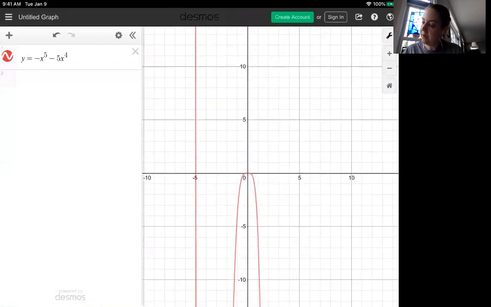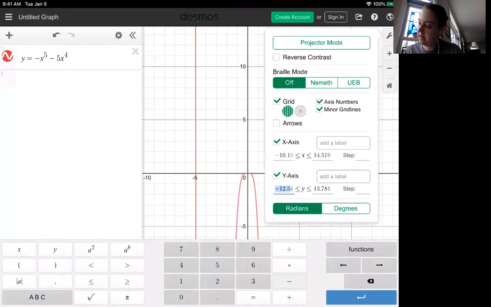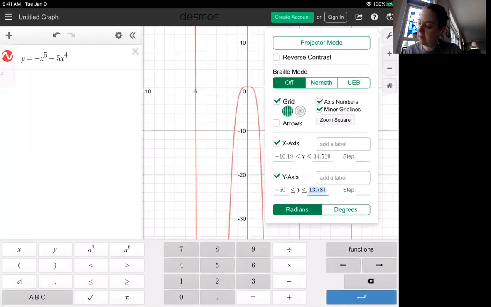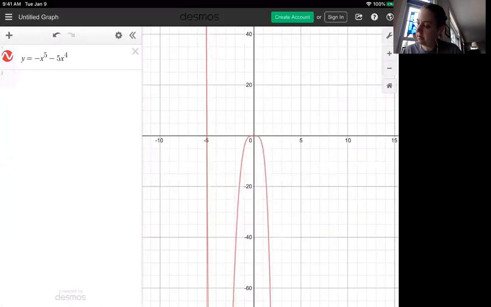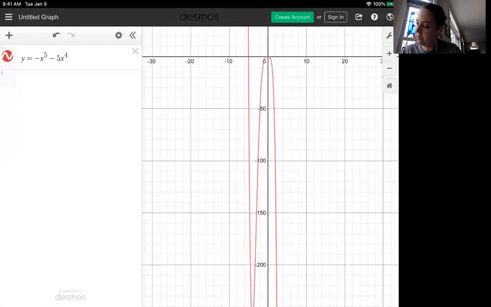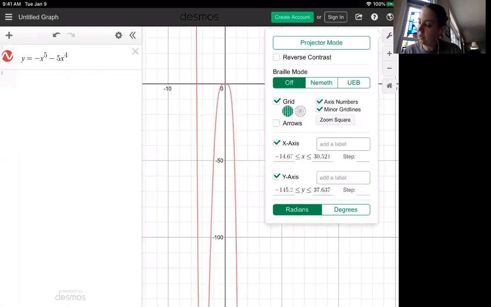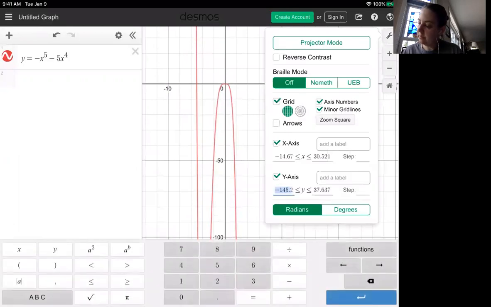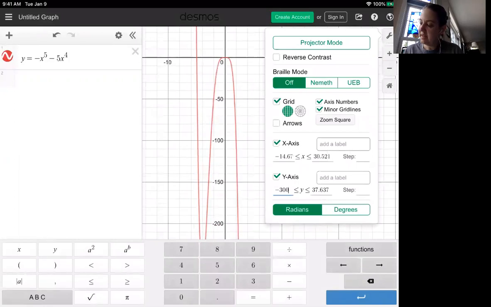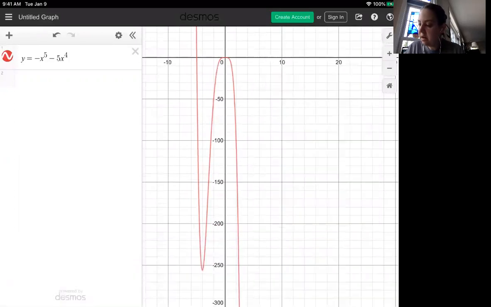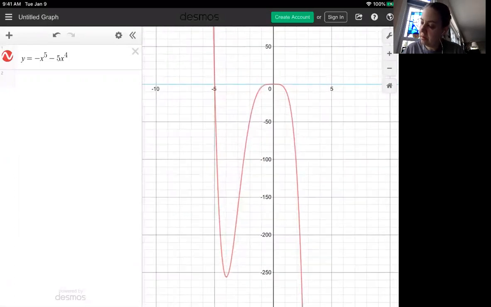Well, that's a super steep graph. Let's make this negative 50 to 50. See if we can get that on there. Oh, that's super stretched down. Negative 300. This is Desmos. I think you guys have that on your iPads. All right, so if I stretch, I can't stretch that way. There we go.